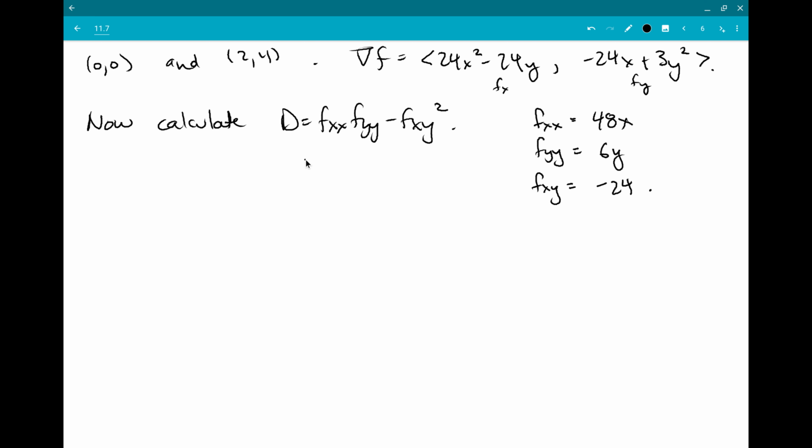So this is going to be 48x times 6y minus 24 squared, which is, okay. So 8 times 6 times 6 xy, that's 48 is 8 times 6, minus 4 times 6 times 4 times 6. The two negatives cancel out. So let's see.